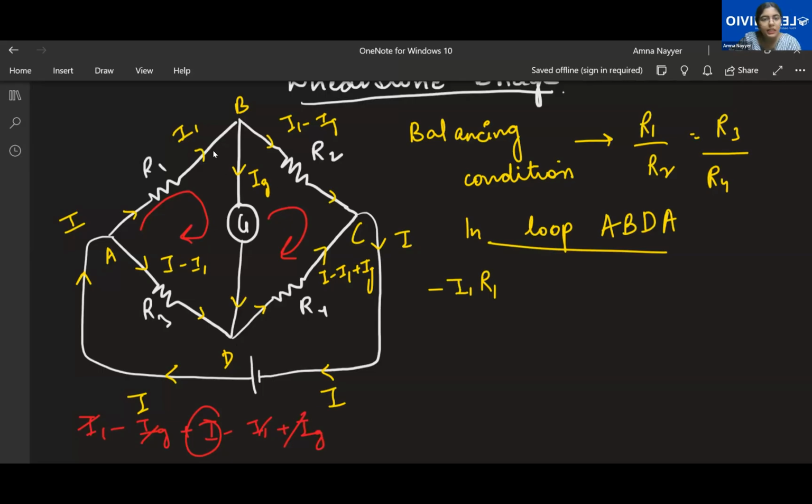Coming down here, again we are moving along the direction of current, so it will be minus Ig into G. Now here we are moving opposite to the direction of current. We are going from D to A while the current is moving from A to D, so we'll take positive. This will be plus R3 into I minus I1 is equal to 0. Tell me, class, this equation is fine.